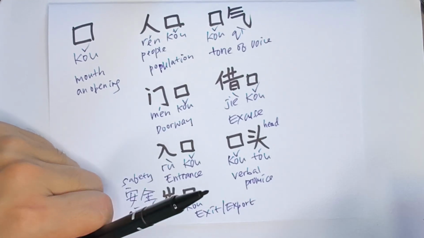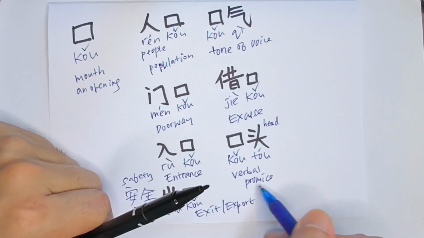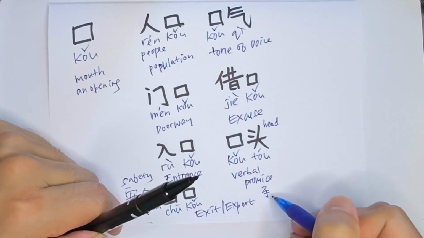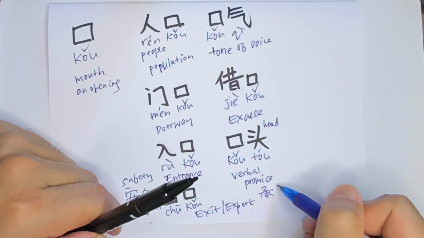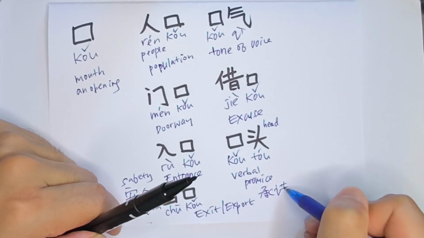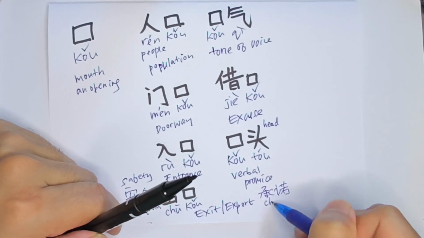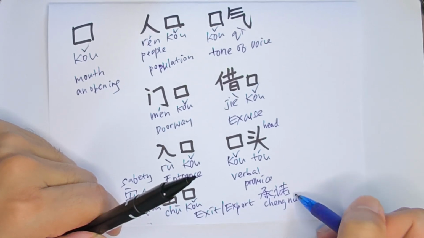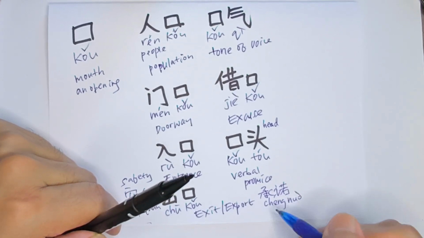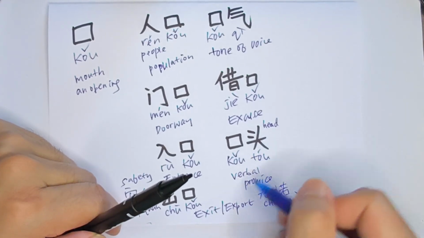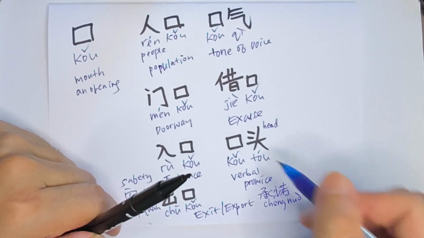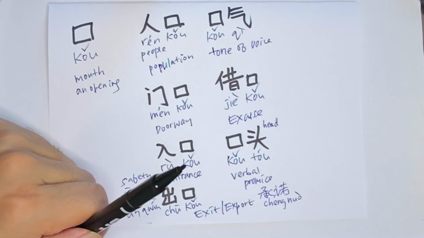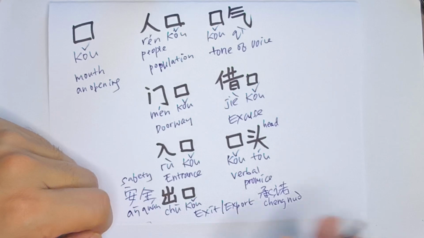If you want to say verbal promise, it's 承诺. 承诺 is promise, 口头 is verbal, 口头承诺 means verbal promise.